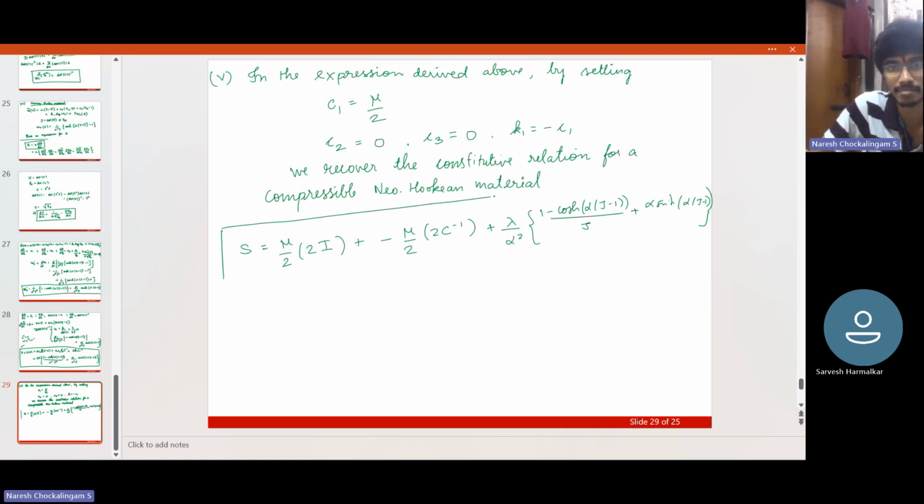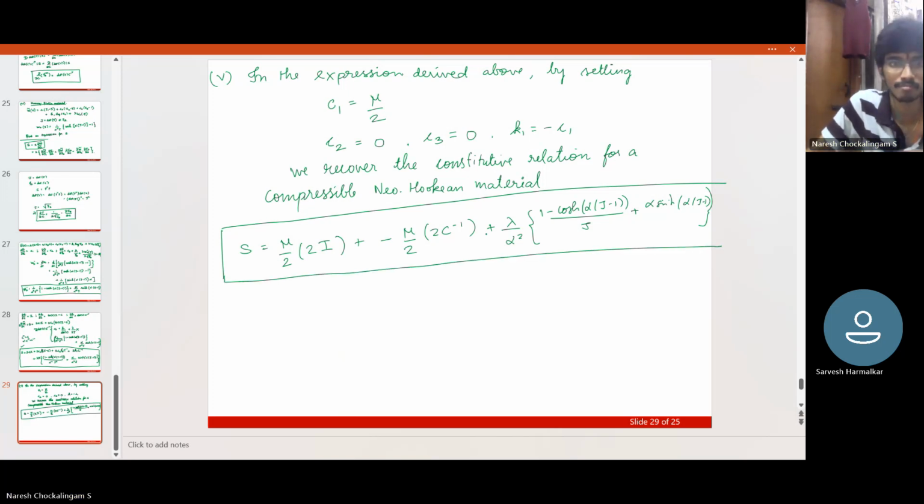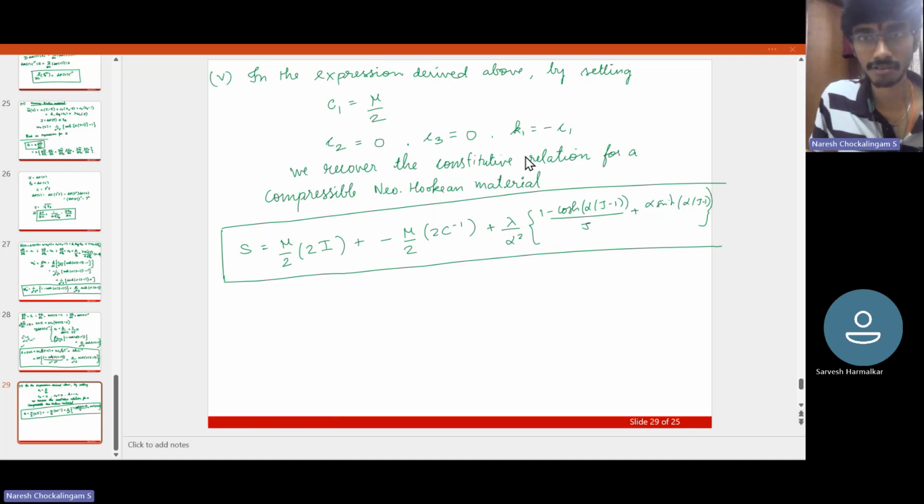The one given in the assignment is slightly different. You have a logarithm squared. So this is one example of a compressible Neo-Hookean material. Let me share the full screen.